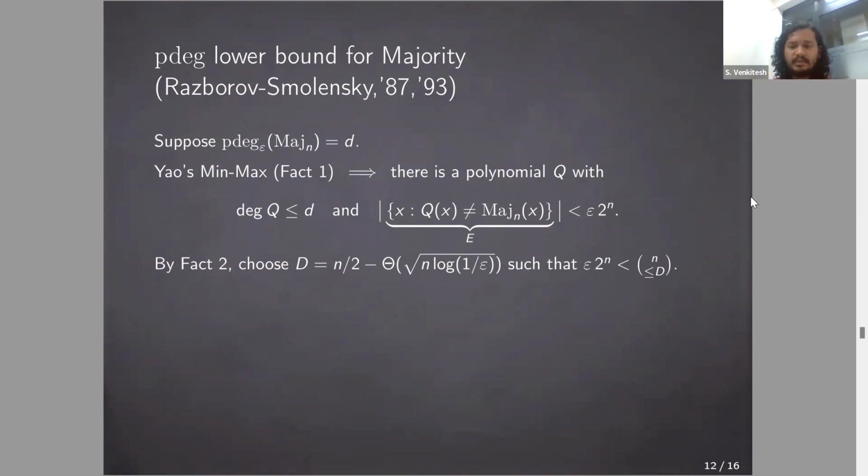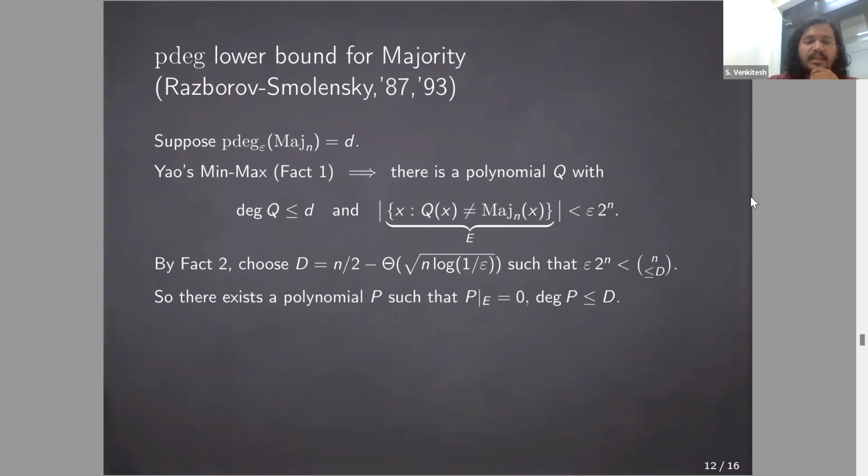All right, so what do we do with this parameter? Since the number of monomials is much larger, you can just set up a linear system and get a non-zero polynomial P, which vanishes on this error set, the set of points at which we have disagreement.